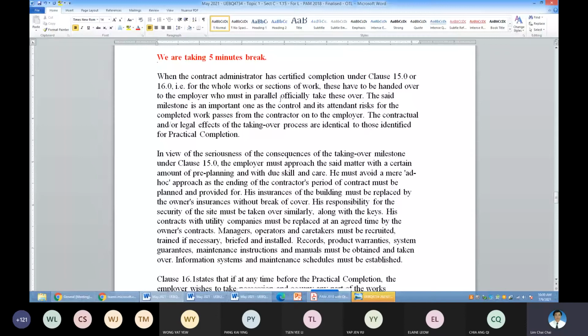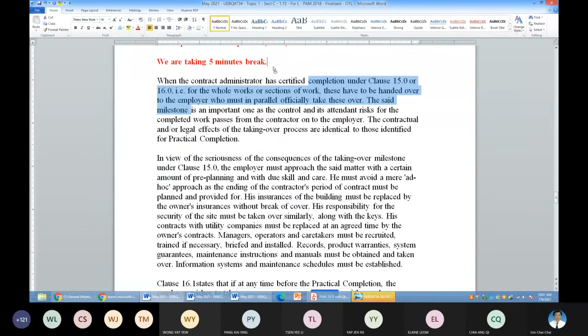So this is a very important timeline for the contractor and also for the employer, and all the consultants need to be aware of the contractual implication. So when the contract administrator certifies this CPC item, there will be a parallel handing over and taking over by the employer.